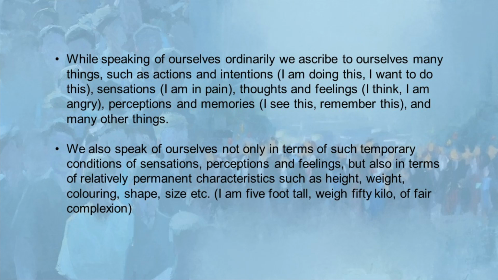Again, we also speak of ourselves not only in terms of such temporary conditions of sensations, perceptions and feelings, but also in terms of relatively permanent characteristics such as height, weight, coloring, shape, size, etc. Like I am 5 foot tall, weigh 50 kilos, of fair complexion, etc. Strawson always tries to say that these two ways of speaking about ourselves are totally different.